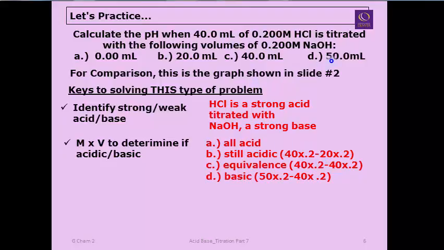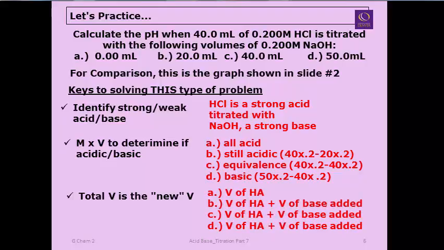And then when you're into this situation, you've got 50 mLs of base, 40 mLs of acid, you're in the basic zone. So you need to do that on all these problems, because that's what decides what formulas you should use. And also keep in mind, I've been titrating in base, so that's always increasing the volume. So you always have to do your calculations relative to the new volume.